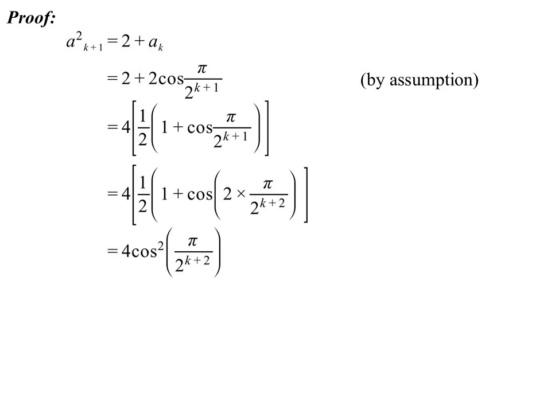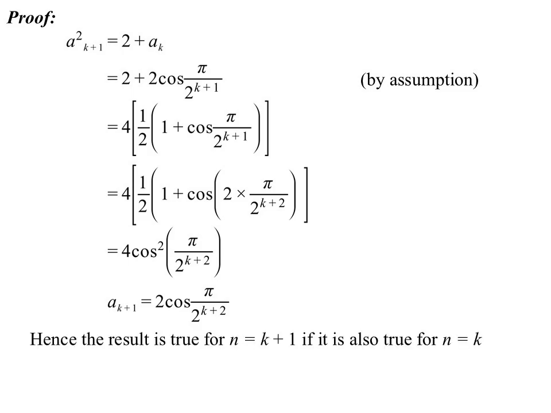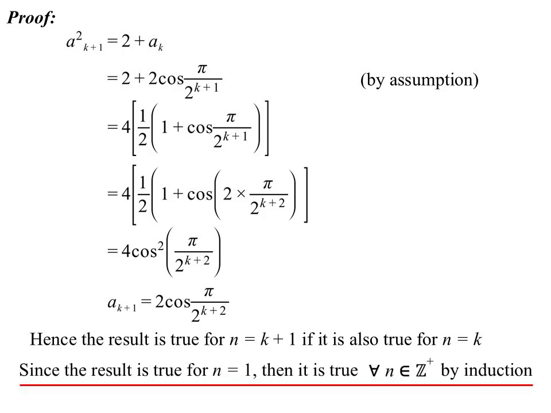That's a trig result that we know. I can replace that with cos squared theta, theta being pi on 2 to the power of k plus 2. Well, that's what term k plus 1 squared is. Therefore, term k plus 1 is 2 cos pi on 2 to the power of k plus 2. Hence it's true for k plus 1 if it's also true for k. And since it's true for 1, we know it's true for all of them.